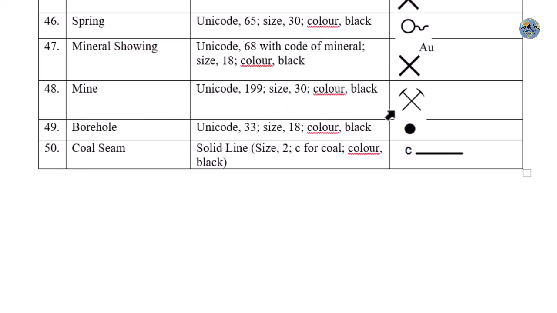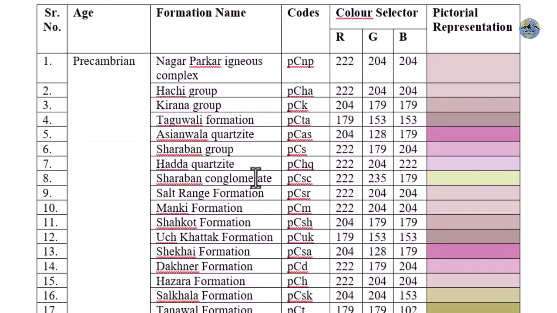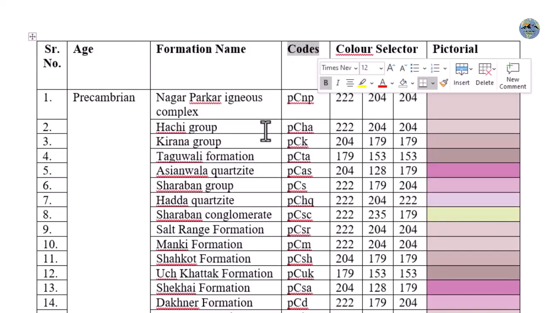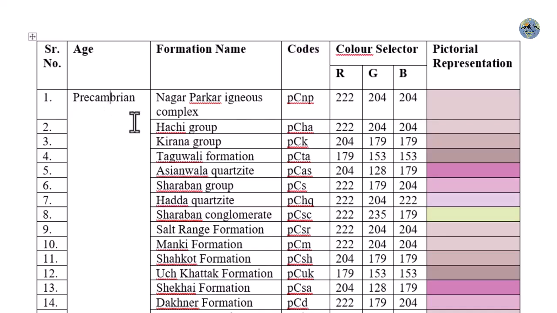Mines can be symbolized with this symbol, and these are the formation codes. These are the formation codes, or we can say the abbreviations. And this is the age for the formation. So for the Nagar-Parkar igneous complex, you can use P, capital C and P.